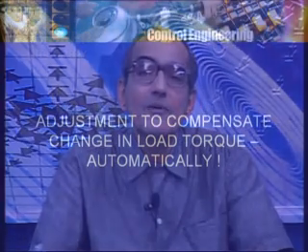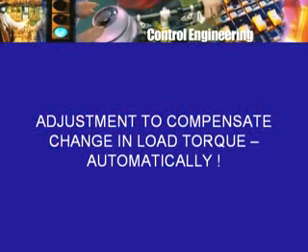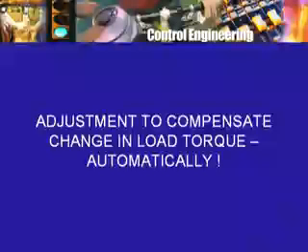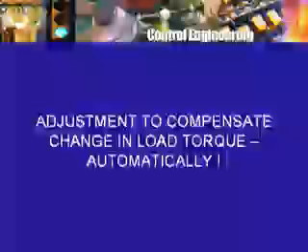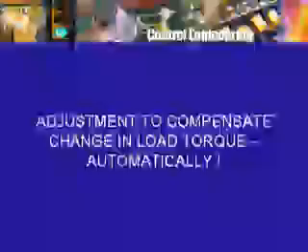So now we have to use some other scheme. We have to make some adjustment in the system to compensate the change in the load torque from the rated or the design value, and we would like to do this adjustment or compensation automatically rather than manually.